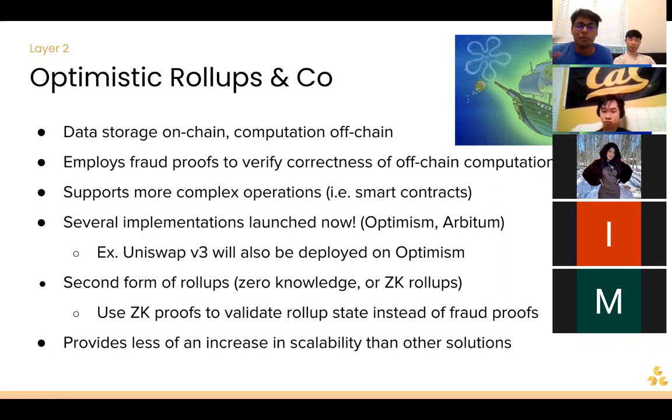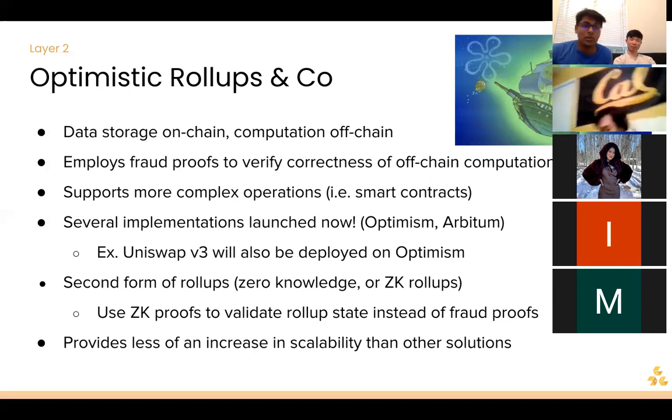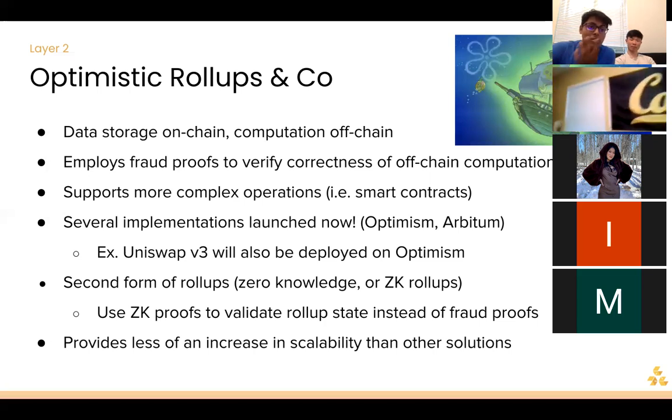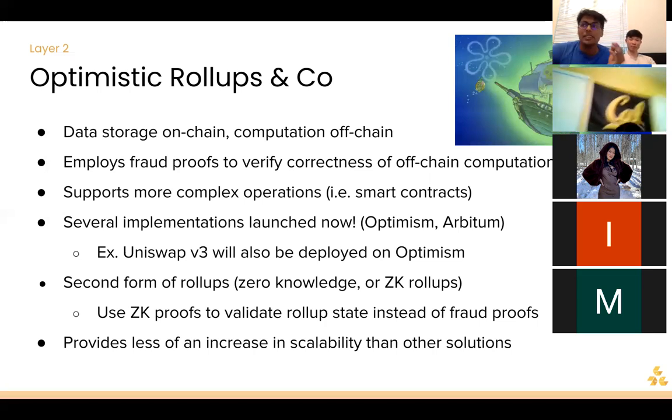Then once the proof deadline has been crossed, everything is back to being finalized on Ethereum. So the entire timeline is: create a rollup, create a relationship with your rollup contract, execute a bunch, work with it as much as you want in a very cheap way, because now you're no longer making transactions on Ethereum, and then exit and use this time period to submit proofs and verify state.